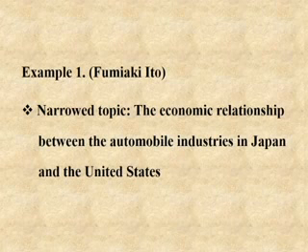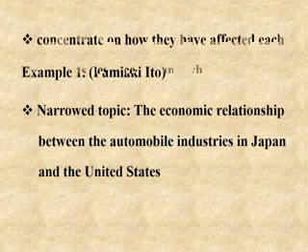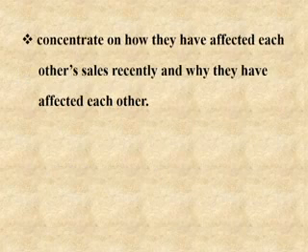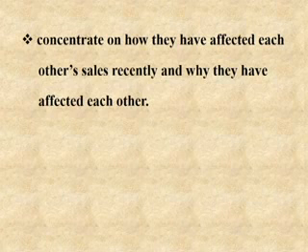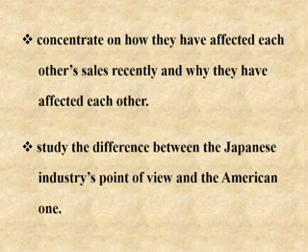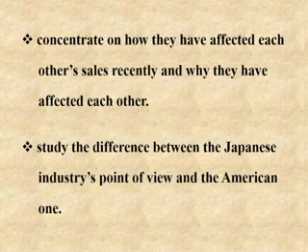Narrowed topic: the economic relationship between the automobile industries in Japan and the United States. In this topic, I will concentrate on how they have affected each other's sales recently and why they have affected each other. I will study the difference between the Japanese industry's point of view and the American one.